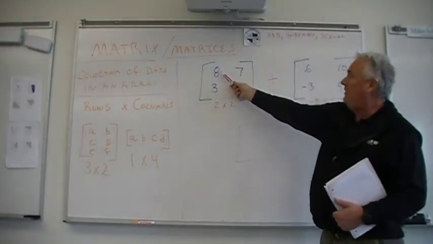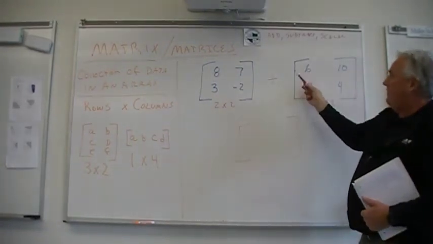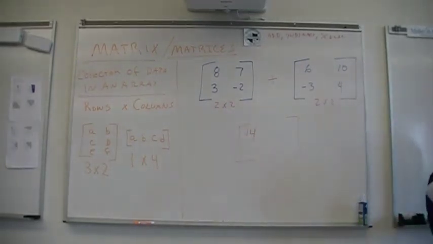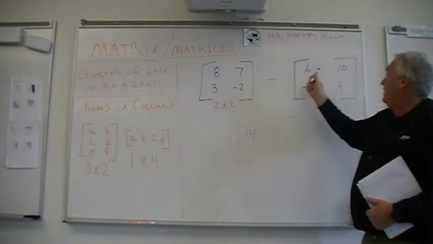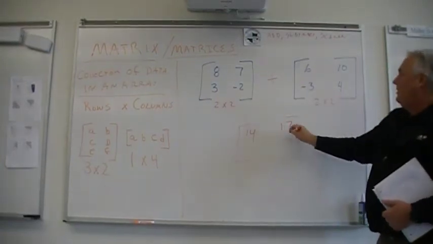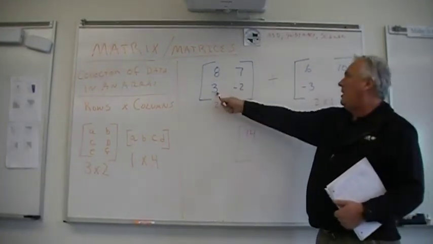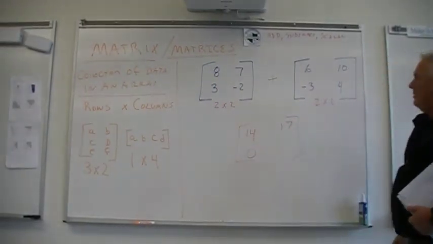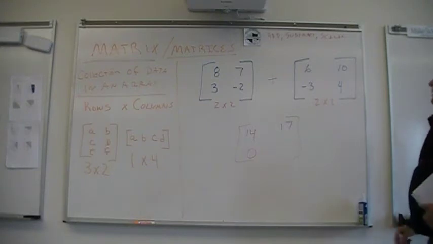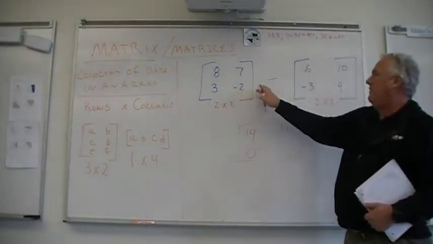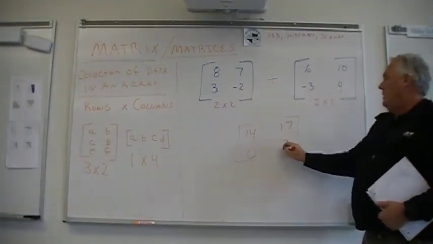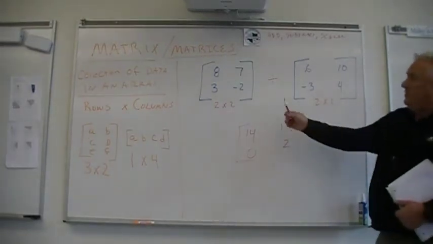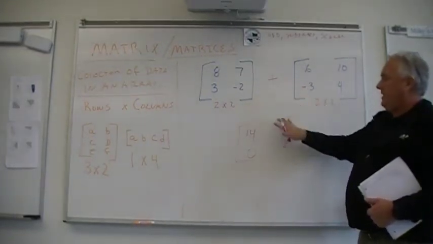Meaning top left plus top left, 14. Top right plus top right, 17. Bottom left plus bottom left, 3 plus -3, will give us 0, and then -2 plus 4 is 2. And that would be the answer to this matrix plus this matrix.